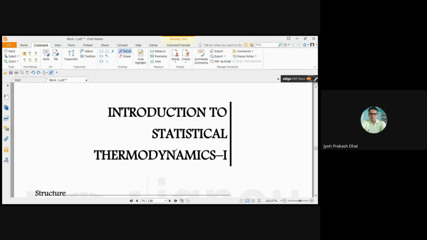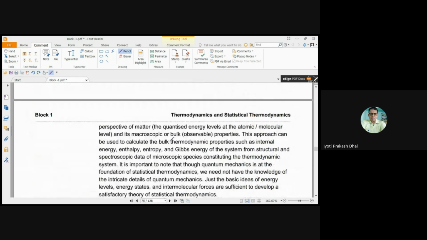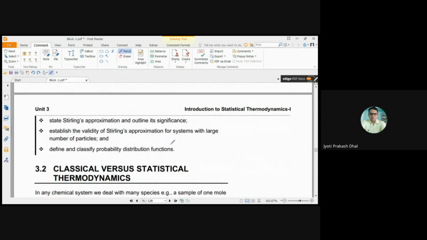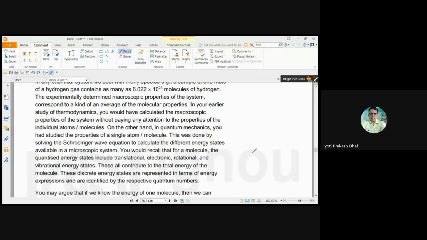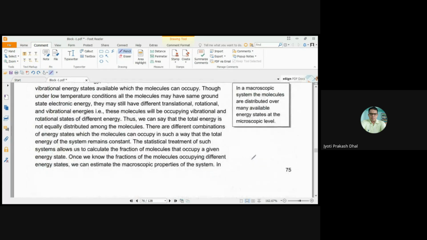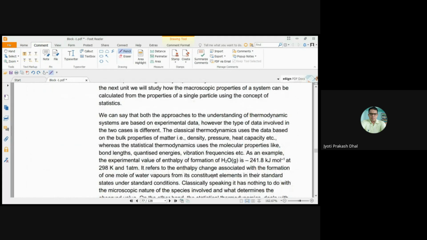After that we will discuss the statistical thermodynamic part, where permutations and combinations will be involved. This statistical thermodynamics we will discuss tomorrow. If you have any doubts, you can ask.